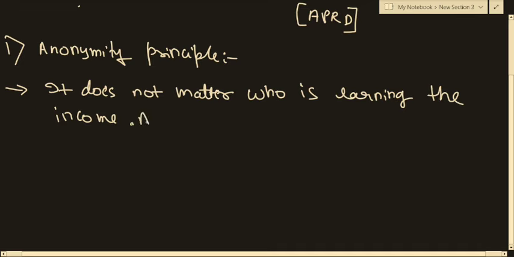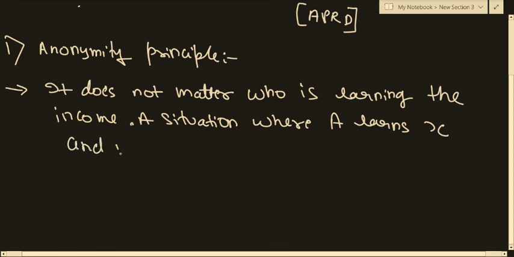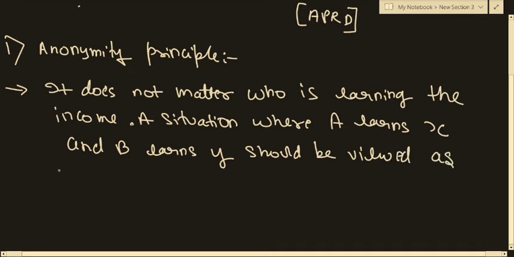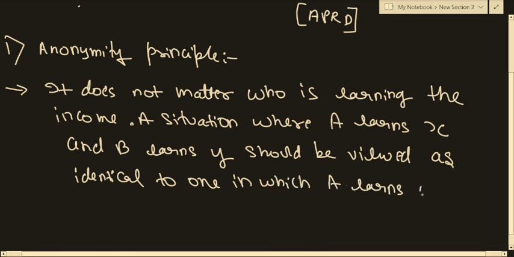A situation where A earns X and B earns Y should be viewed as identical to one in which A earns Y and B earns X. So when we are measuring income inequality, there are four principles that are very important for determining a viable criteria for inequality measurement.